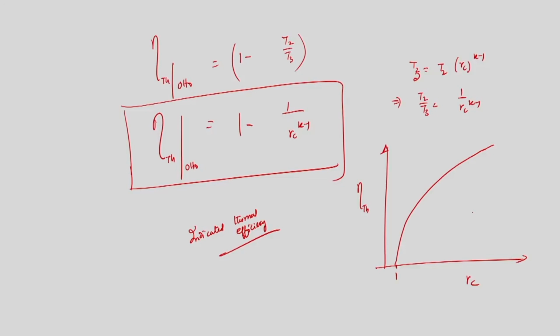Because the heat transfer values are those to and from the air within the combustion chamber. So, we didn't consider heat transfer loss. So, this is the indicated thermal efficiency, not the brake thermal efficiency.